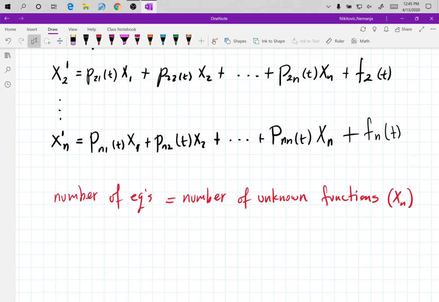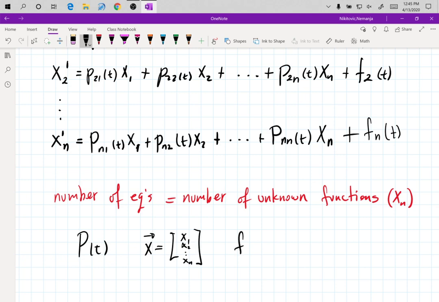So now, if you put all of this mess together, you can create a couple of matrices. You create the capital matrix P of t. You create a column vector, which is the good old x1, x2, all the way down to xn.